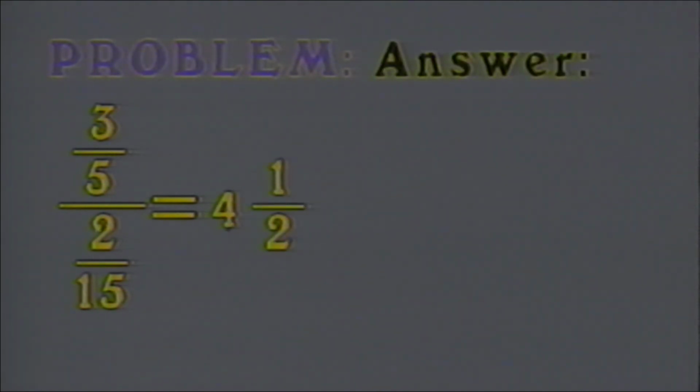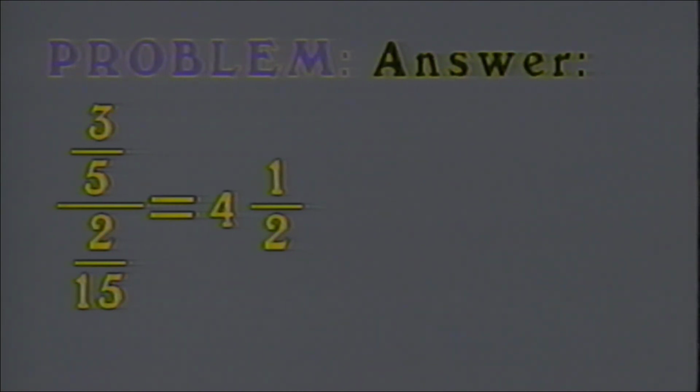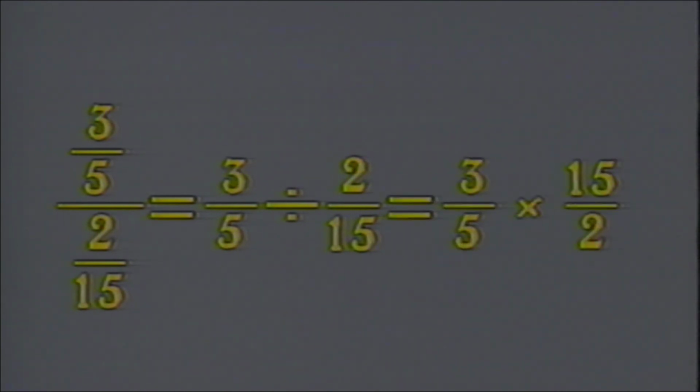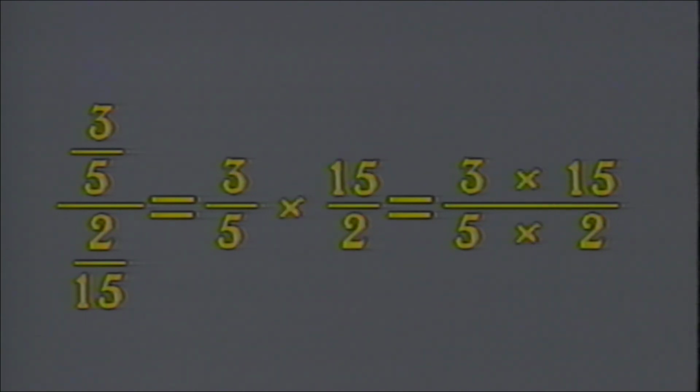The answer to the problem is 4 1/2. To find the answer, we divide 3/5 by 2/15. That is, we multiply 3/5 times 15/2, which equals 3 times 15 over 5 times 2.